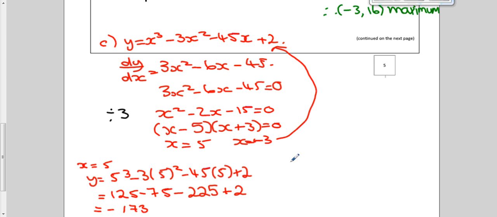And now I need to find the y value for when x equals minus 3. So we have y equals minus 3 cubed minus 3 lots of minus 3 squared minus 45 times minus 3 plus 2.